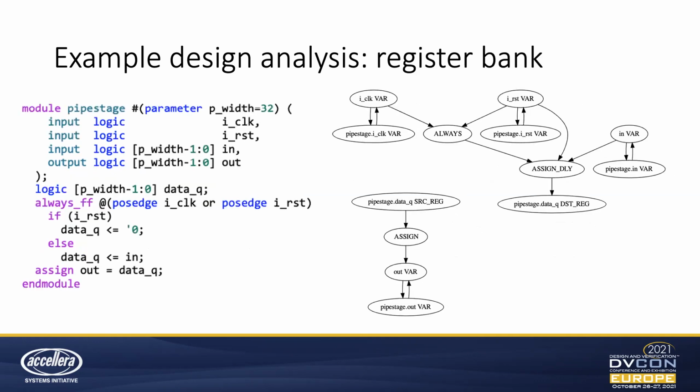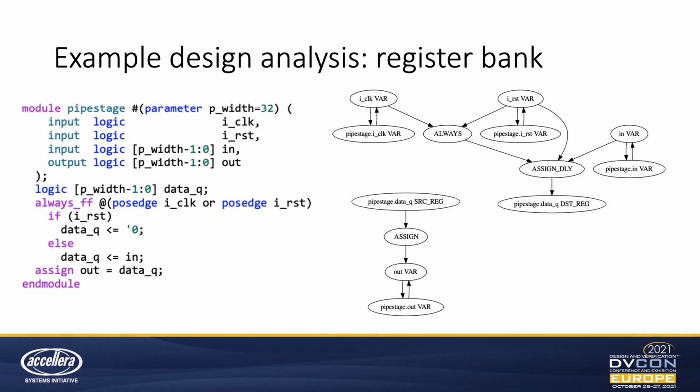A slightly more interesting example, this time with a register. What it does with registers is split them into two parts. This is useful when looking at paths through the design, particularly because timing paths in the physical design start and end on ports or registers. So a register, as you can see here, has a source and destination component.